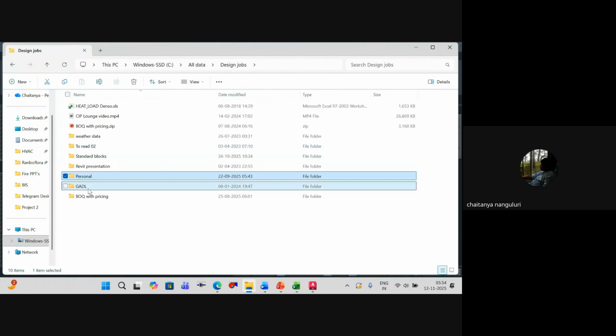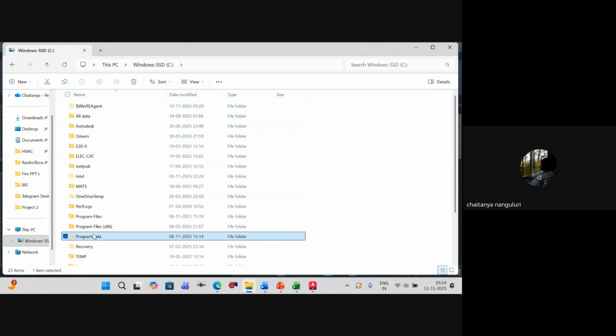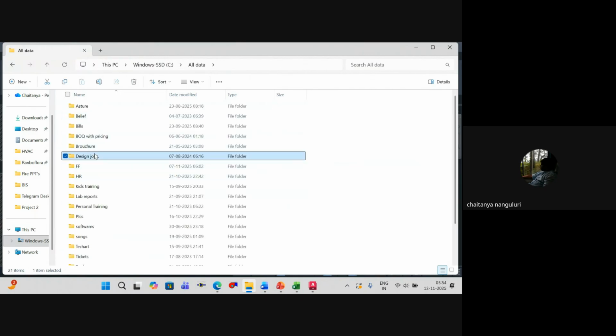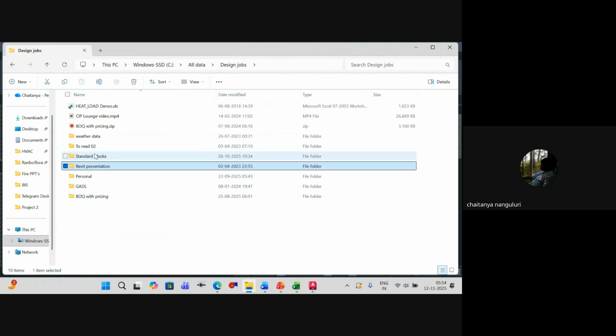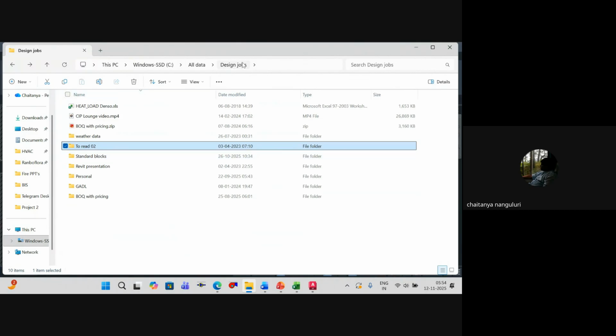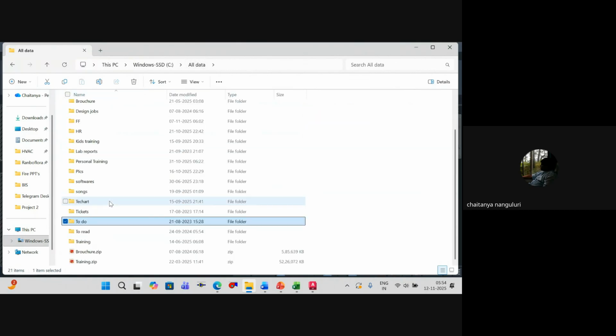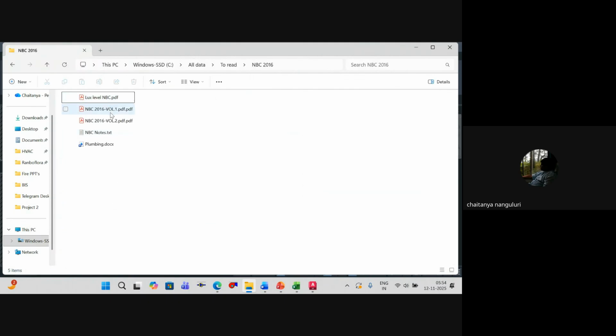NBC code, all data to read. Here it's there in your staircase, it will be given.